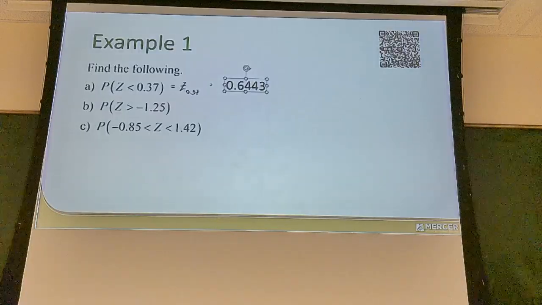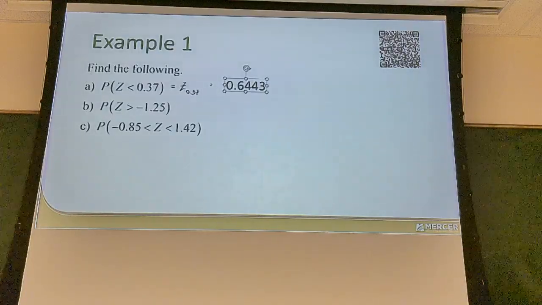Now we want the probability that Z is larger than negative 1.25.